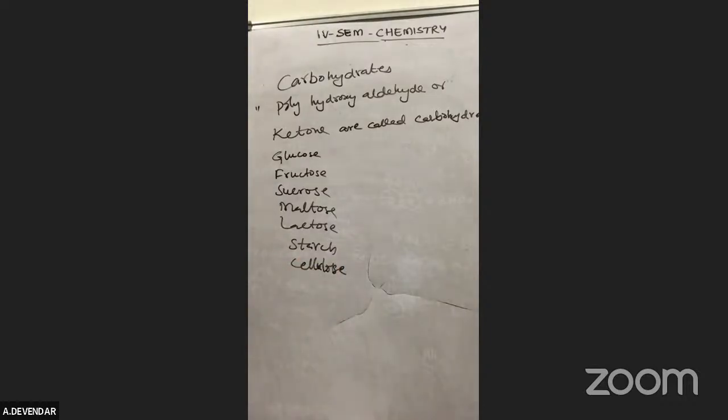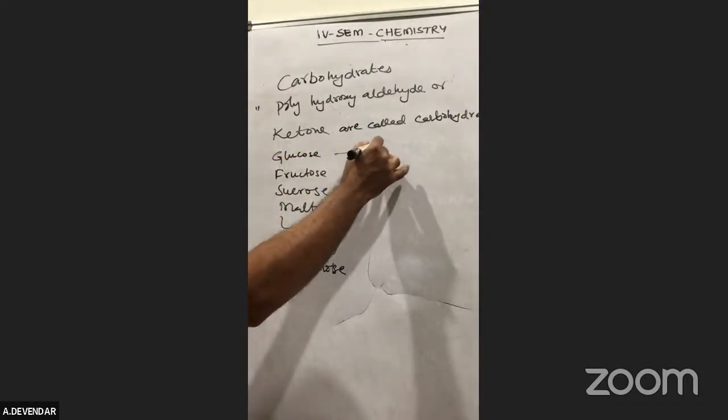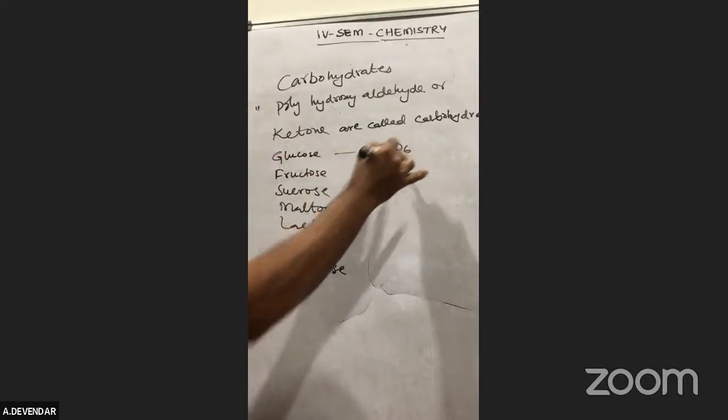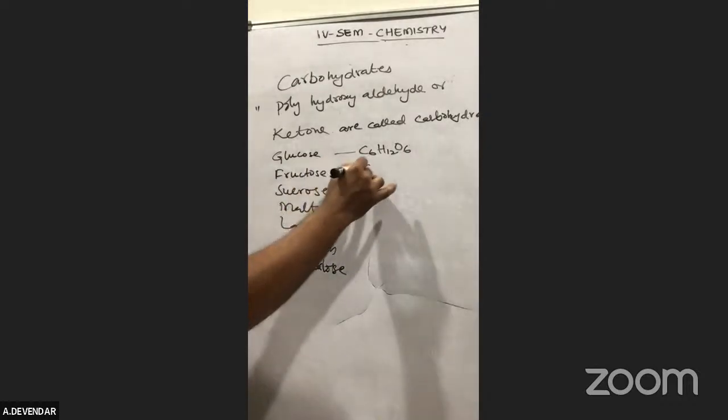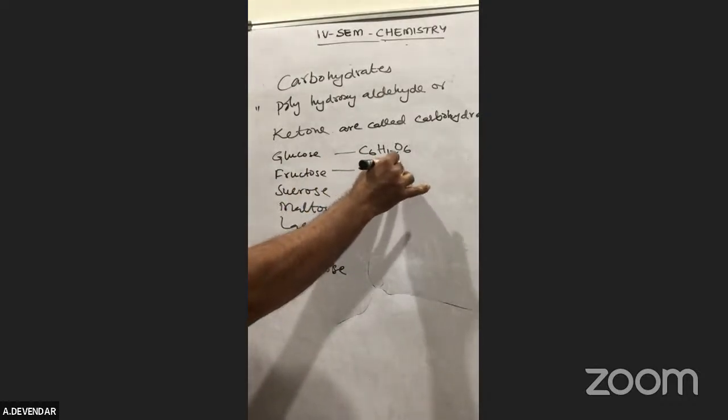See, this is the chart I gave. There are a number of carbohydrates. You already know glucose. The formula of glucose is C6H12O6, and fructose has the same formula, C6H12O6.